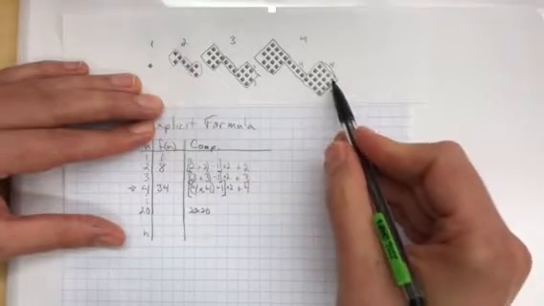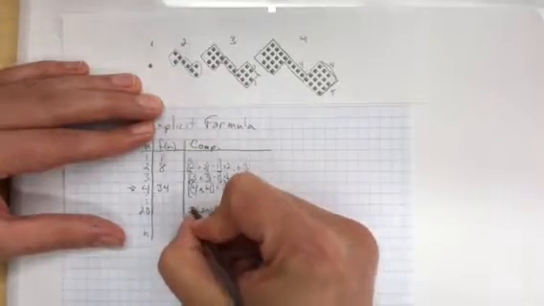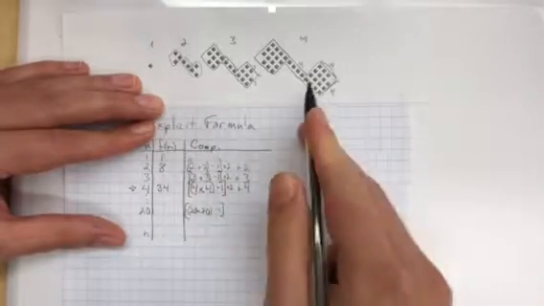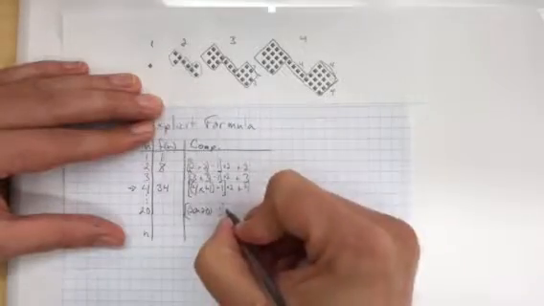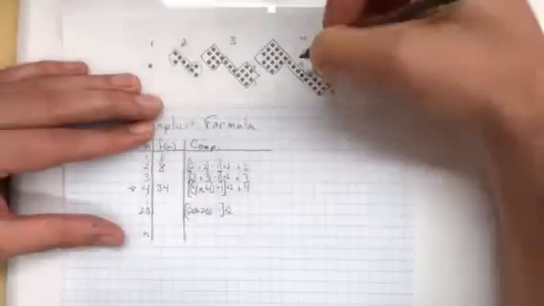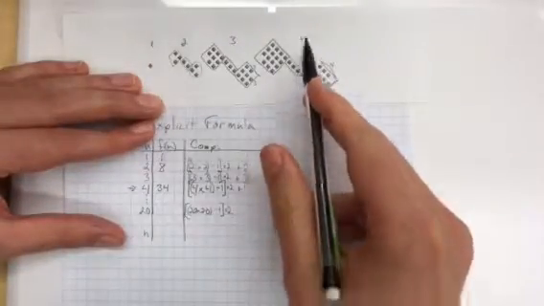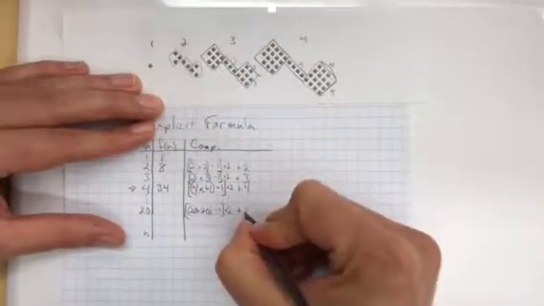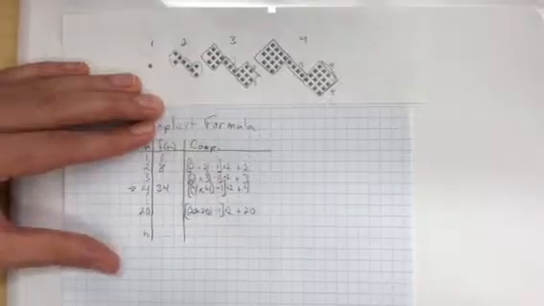And it's still just going to have 1 missing there. There's going to be 2 of them in the 20th figure. And then this bar, it's 4 in the 4th, it's 3 in the 3rd, so it's going to be 20 in the 20th one.